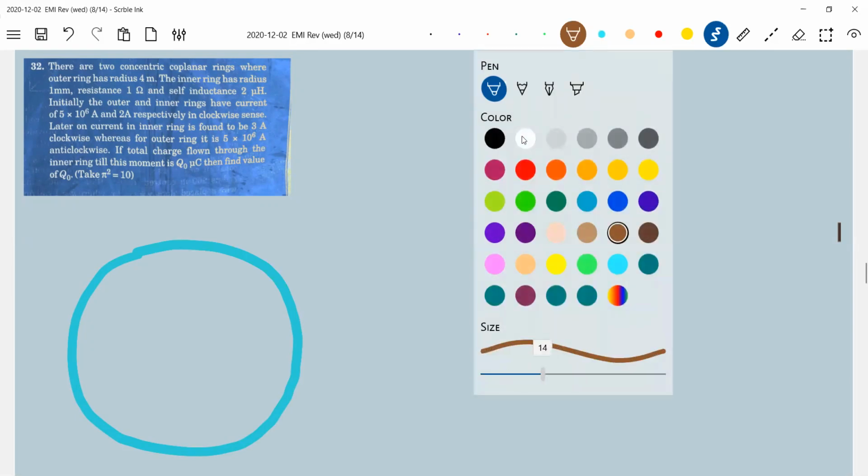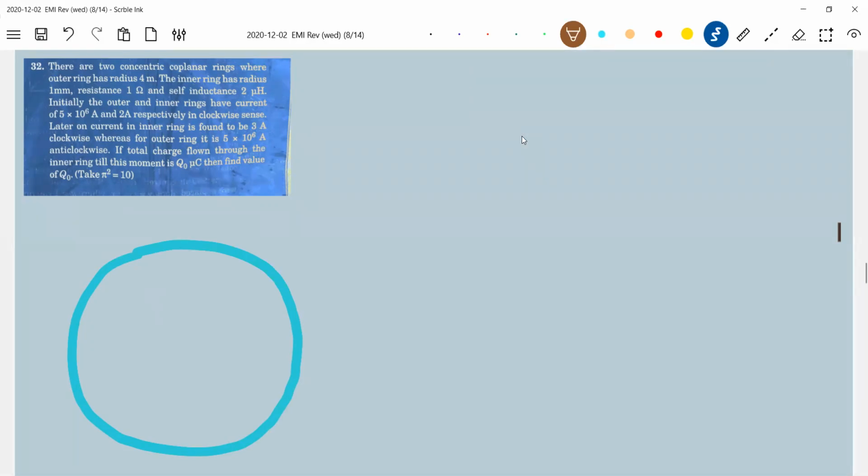We have another ring. Even though it is in fact very small, for our convenience I'm showing it a little bit bigger. This is a radius. The inner ring has radius 1 millimeter, resistance 1 ohm. Okay, we'll just indicate here so that it'll be easy for us.